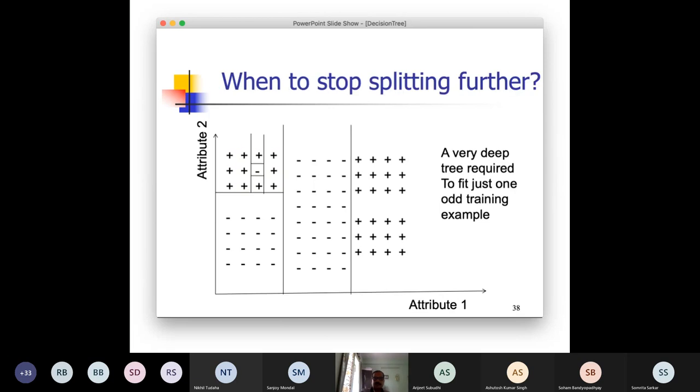So this is just a schematic example of this particular type of data. I hope this is understood. These are the splittings which take place. Suppose this is the first splitting on attribute 1.